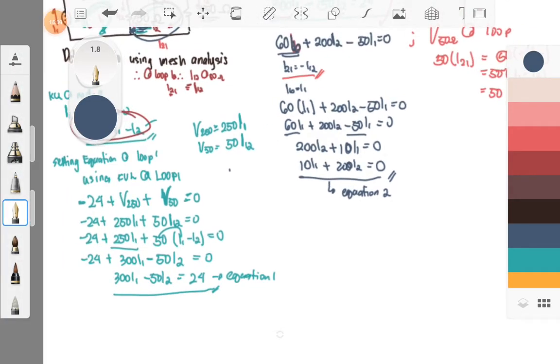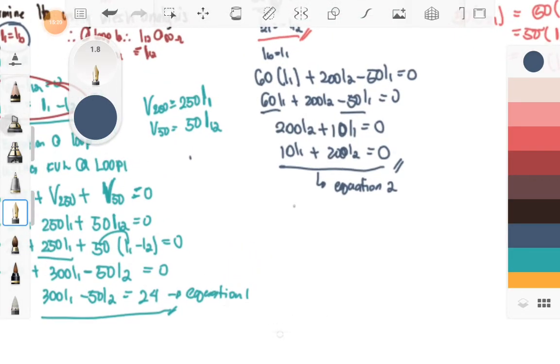So we have our equation 1, we have I1 which is equal to 300 I1 equals negative 50 equals 24. So ilalagay nyo lang yan sa calculator natin, and then we have our 10 I1 plus 200 I2. So therefore, we have our I1 is equal to 0.0789 ampere, or it is equal to 78.9 milliampere.